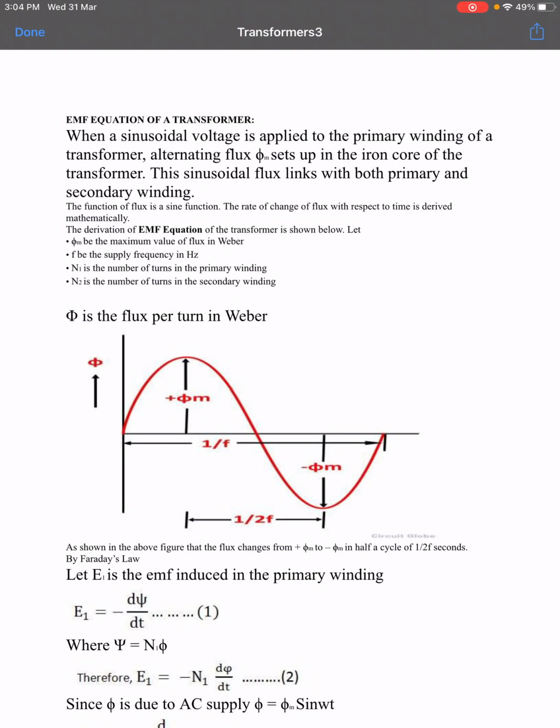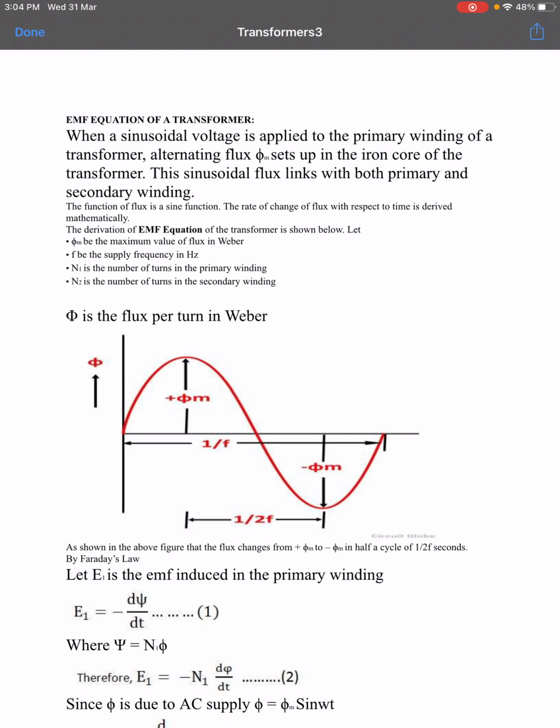Phi is the flux per turn in Weber. Based on the number of turns we'll get the flux. From the diagram we can say it is an alternating flux. It consists of two half cycles, one positive half cycle and one negative half cycle.